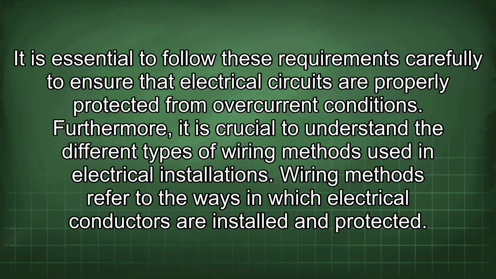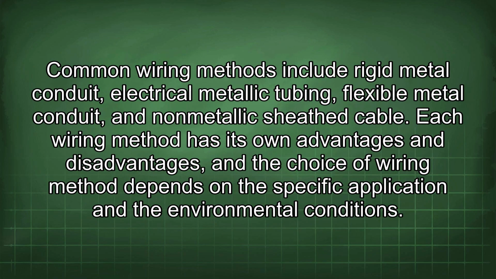Furthermore, it is crucial to understand the different types of wiring methods used in electrical installations. Wiring methods refer to the ways in which electrical conductors are installed and protected. Common wiring methods include rigid metal conduit, electrical metallic tubing, flexible metal conduit, and non-metallic sheath cable.